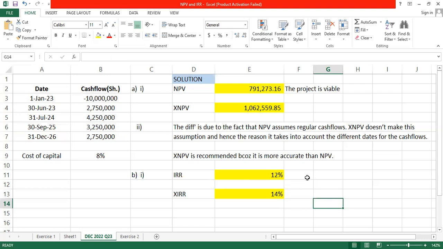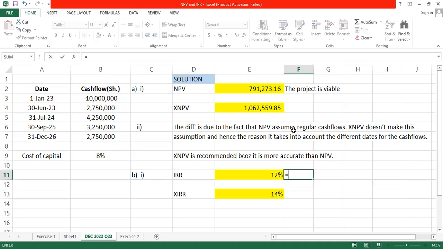Again, based on these two, we are required to state whether the project is viable. The cost of capital was 8%. When IRR is more, then of course the project is viable.